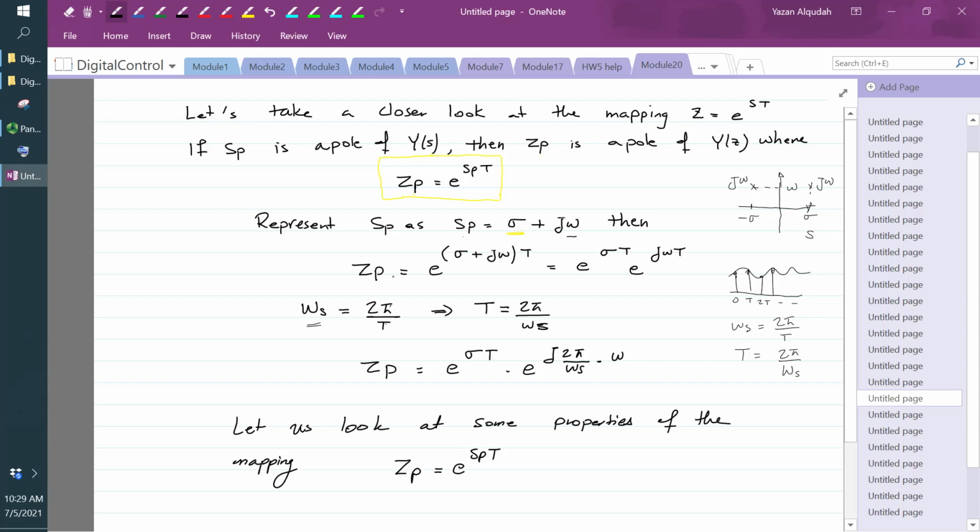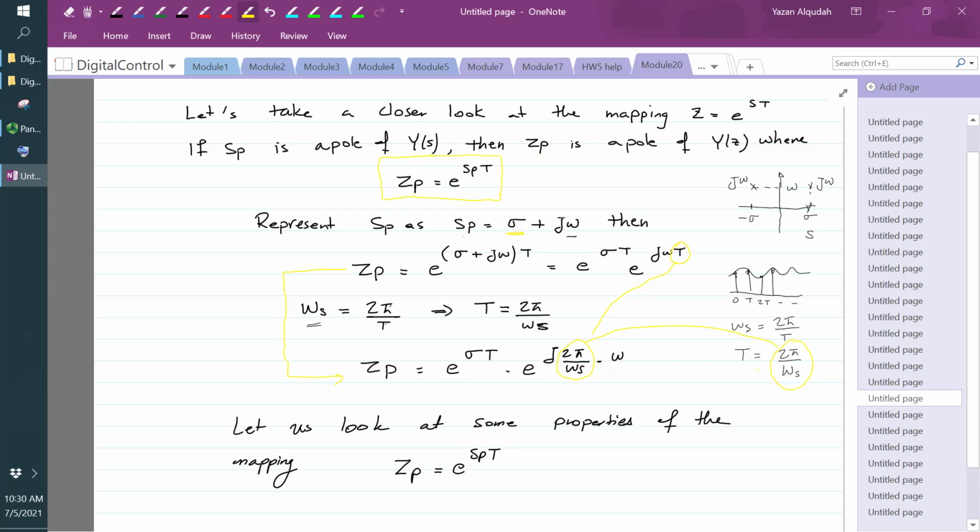I can come to this expression for z_p and say that z_p is equal to e^(sigma·T) e^(j omega·T), but T is equal to 2 pi over omega_s. So I just replace this T with 2 pi over omega_s.